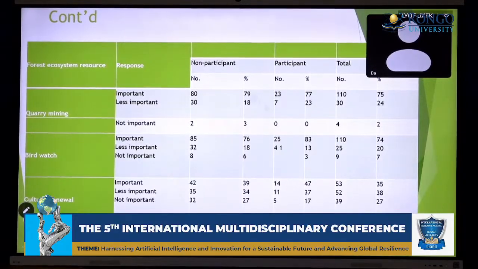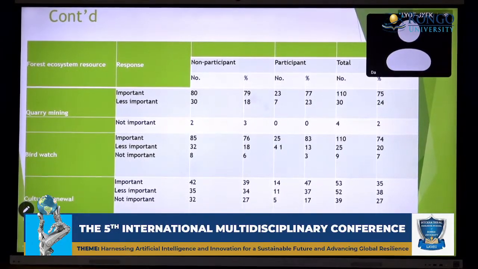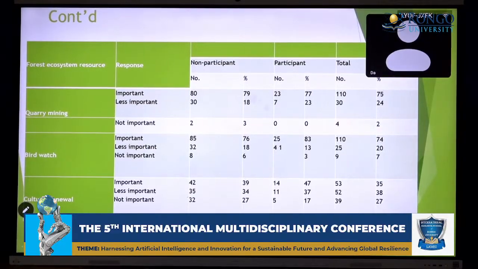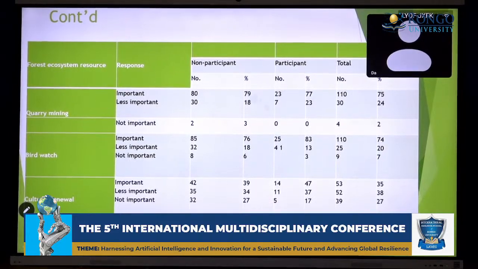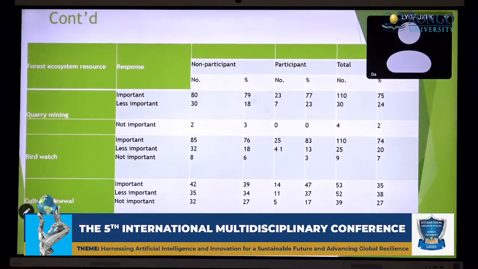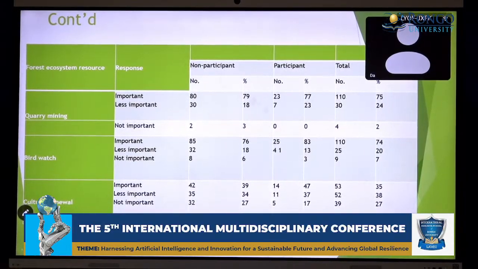The communities of Kanyamwa people and the Suba people frequently visit this forest for cultural or spiritual renewal that is related to their culture. So again, we look at important, less important issues as in the presentation here. I will not go into so much detail because of time.